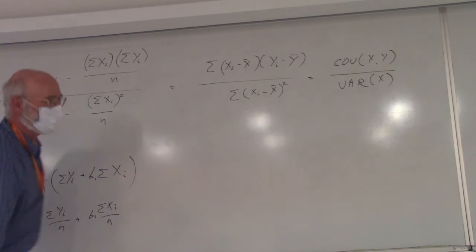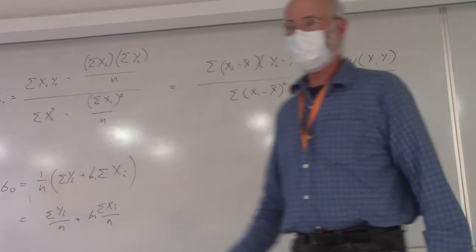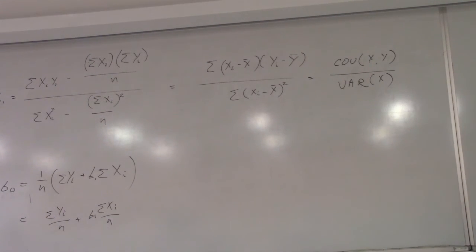Okay. 1, 2, 3, 4 people in the class. What's your age? 22. 33. 22. 22.